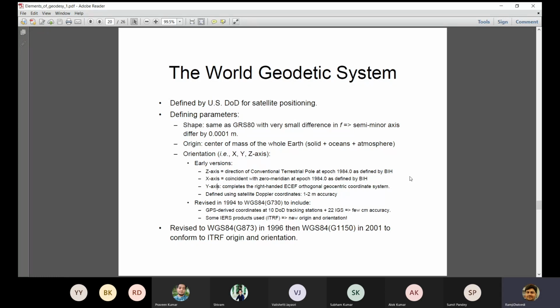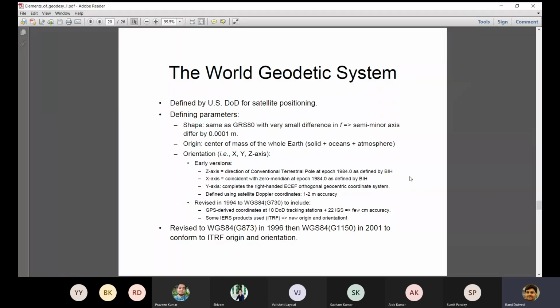But in the ITRF, they have the VLBI stations, co-located with SLR, co-located with GPS. So that's how they find it. Quickly, we'll go back to those particular conditions, how the ITRF is different from the so-called World Geodetic System.